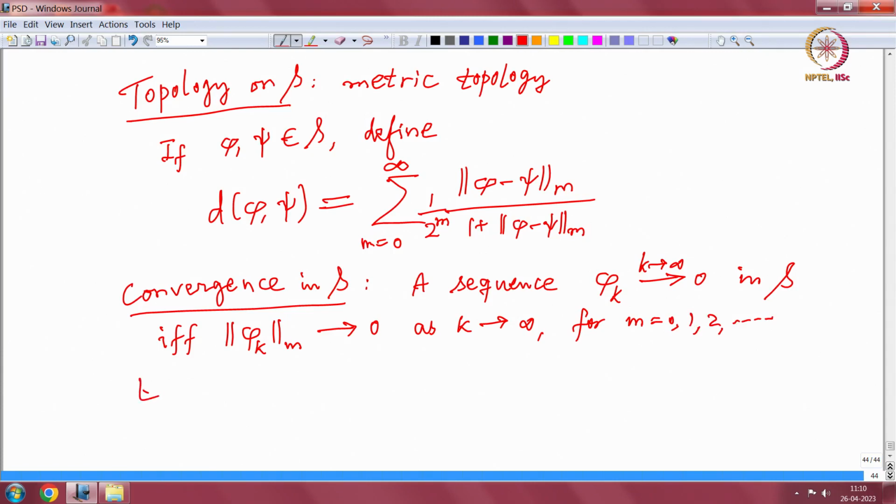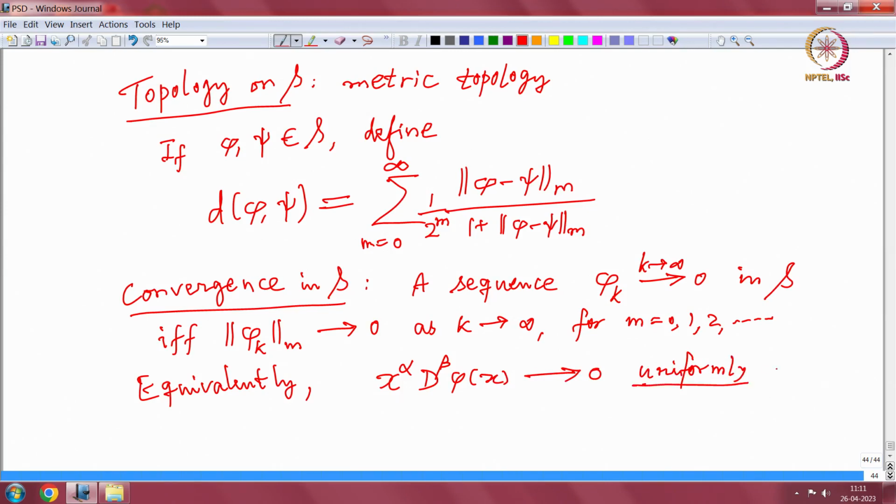Okay. Equivalently, you can just check that, if you take again this polynomial and D beta, I will put it, okay, it does not matter, phi of x converges to 0 uniformly, that is important, uniformly for all multi-indices alpha, beta.